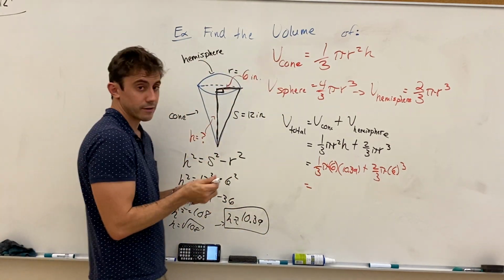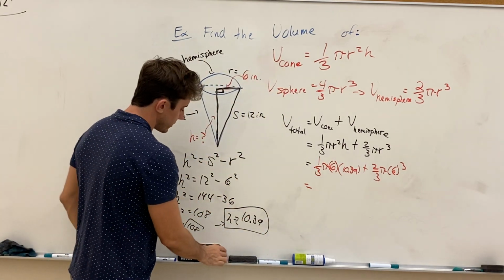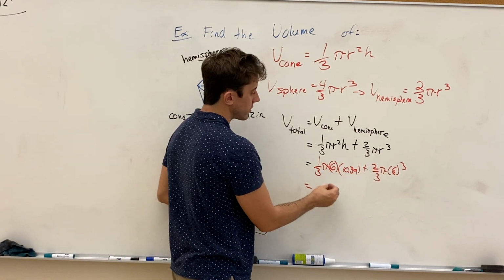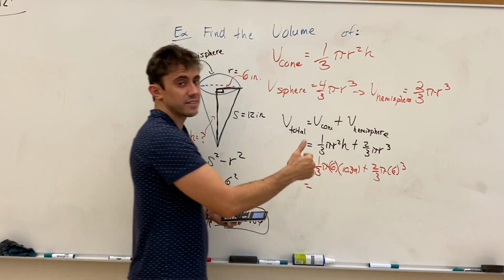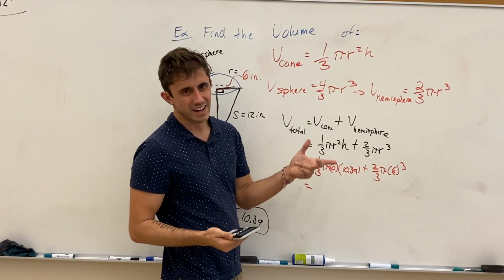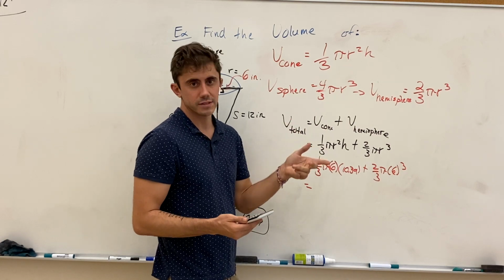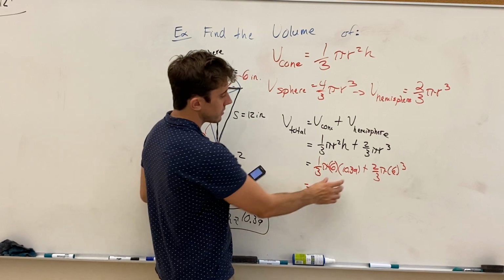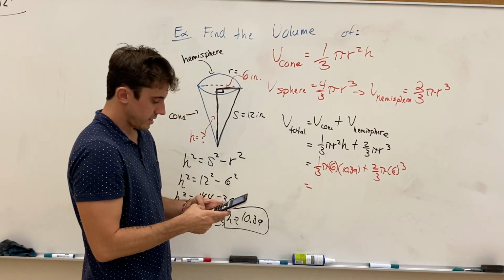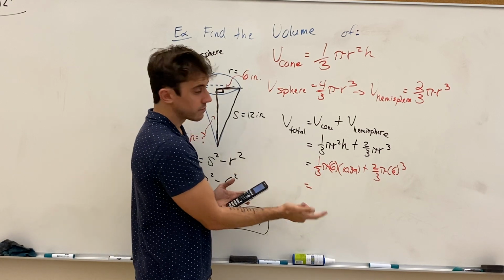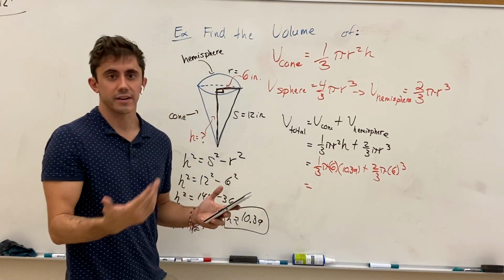Now we can run through this. Again, depending on how you round, your answer might be a little bit different than the one in the end. I'm going to do all the multiplications first. I'll leave the pi out, and then I'll multiply by pi at the very end, because pi is an irrational number, so the less we have to round through it, the more precise our final answer tends to be. So we have 6 squared times 10.39, and then 1/3 of that, so divided by 3, since multiplying by a third is the same as dividing by 3.